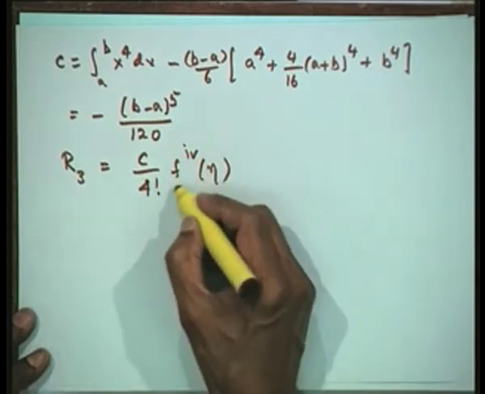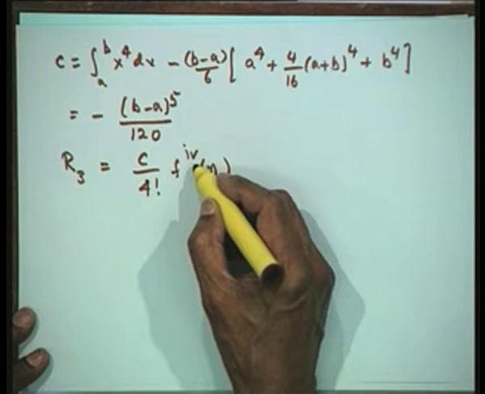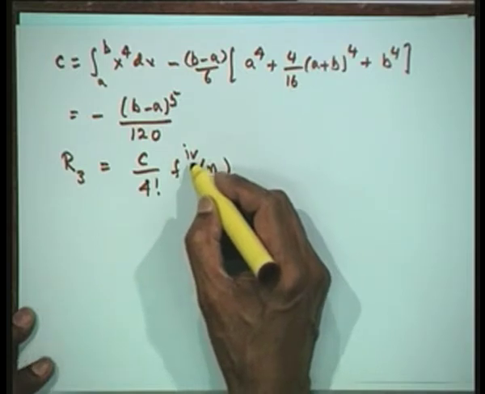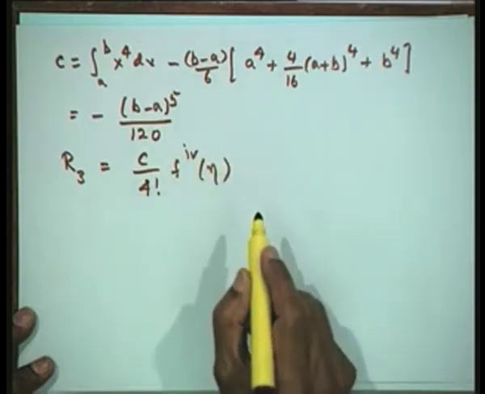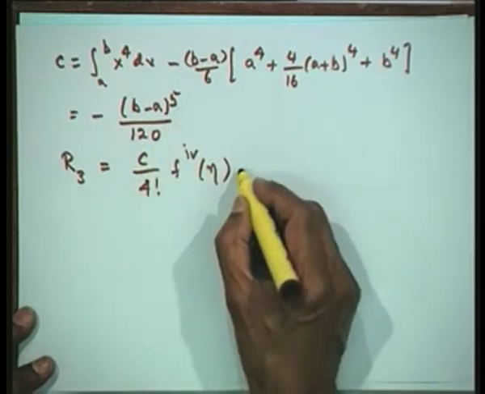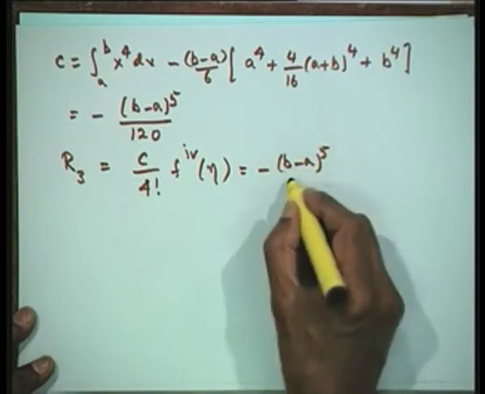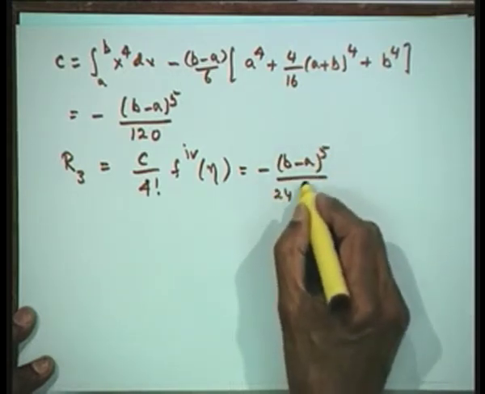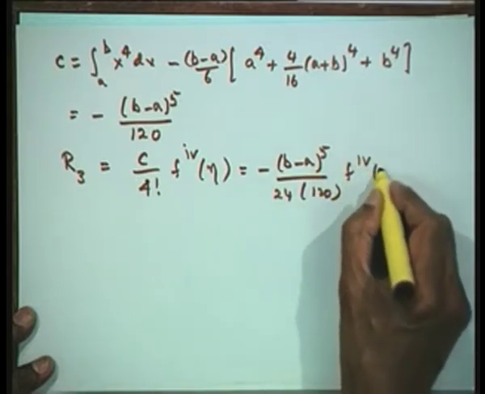Now, this also tells us that it is the fourth derivative occurring for f, therefore, it integrates exactly all polynomials of degree less than or equal to 3. Therefore, we are proving from here also that the order is 3. Now, I substitute this, therefore, I will have (b minus a) to the power of 5 by 24 into 120, f 4 eta.